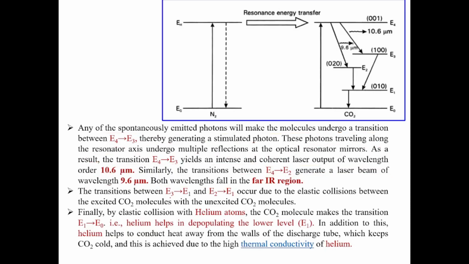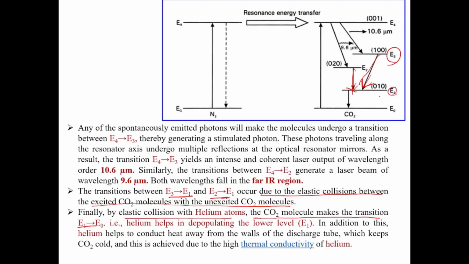The transition between E3 to E1, this transition particularly, and the E2 to E1 transition, this transition, happen due to elastic collision between excited carbon dioxide molecules and unexcited carbon dioxide molecules. Finally, the elastic collision between helium atoms and the carbon dioxide molecules makes the transition E1 to E0.